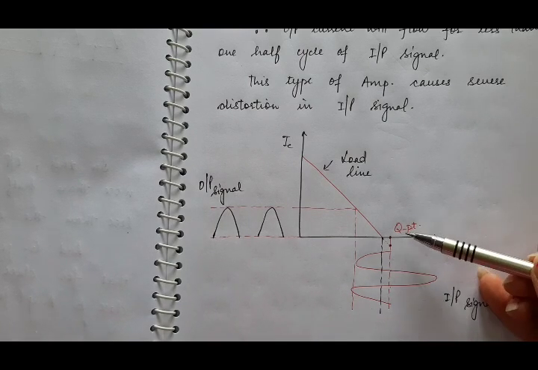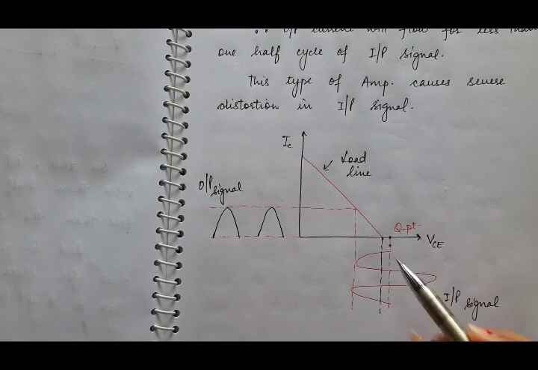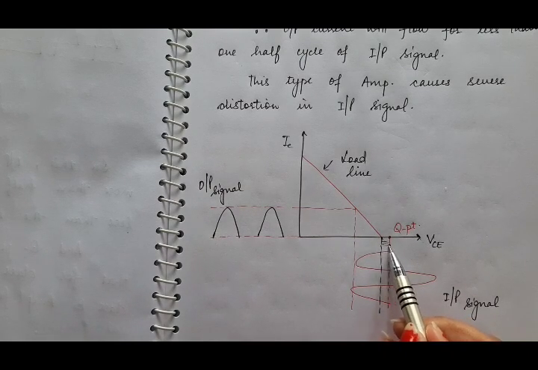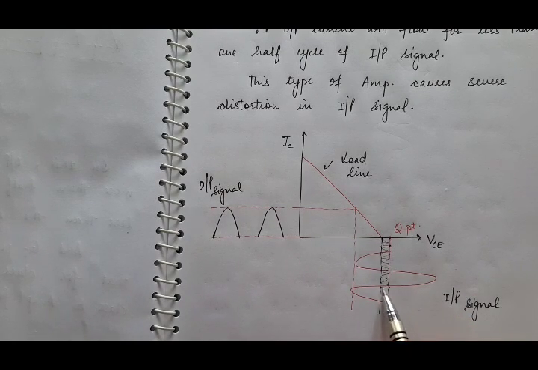But as the Q point lies below cutoff, it means this portion will also not appear in the output side. So the output signal or the output current will flow for a time period which is less than the 1/2 cycle, because from this point to this point we have 1/2 cycle.